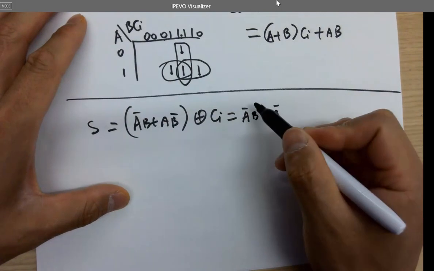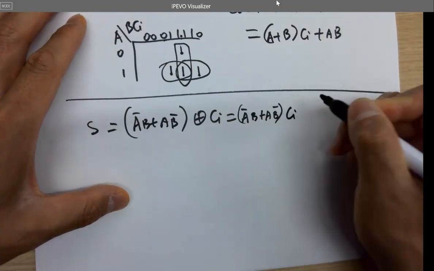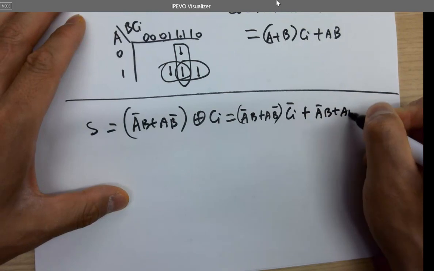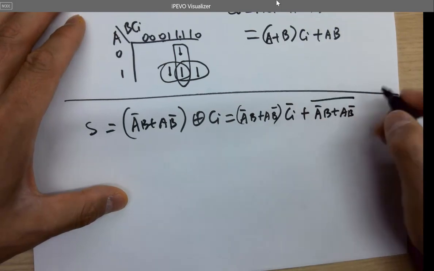So this becomes CI not, or A not B or A B not, CI.